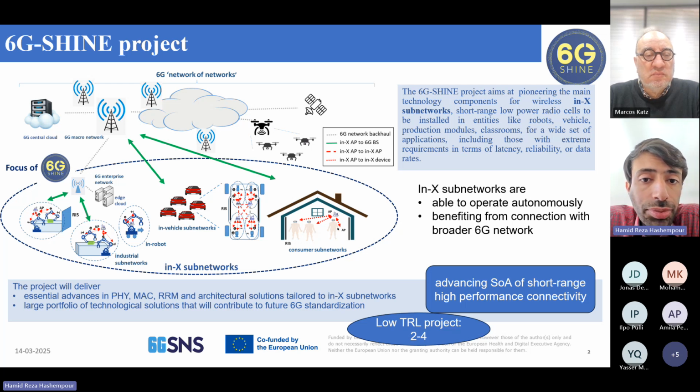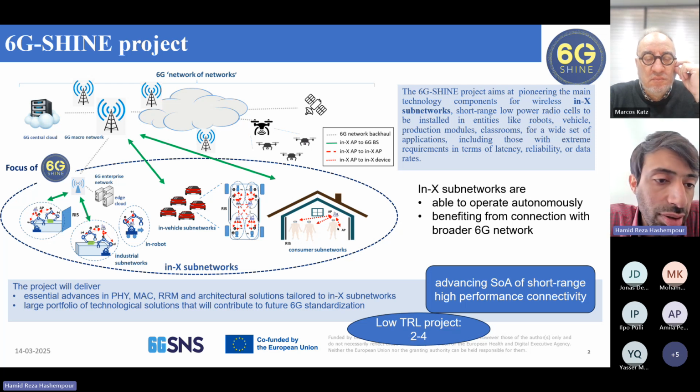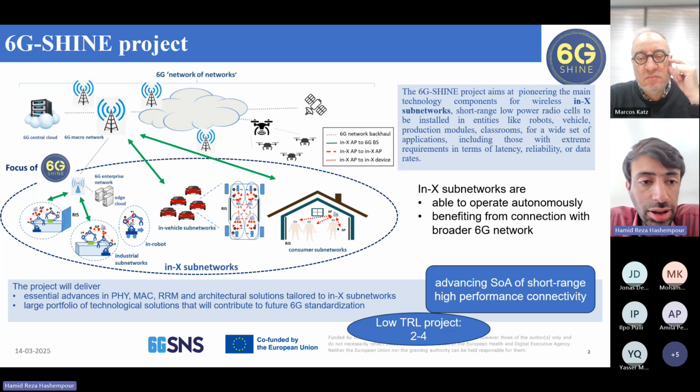It has a wide range of applications that has specific and extreme requirements like low latency, ultra reliable, and high data rates. You can see in this figure that we have different use cases, but I would like to say that we are mainly focused on industrial subnetwork as a special use case that we want to discuss in this presentation today.